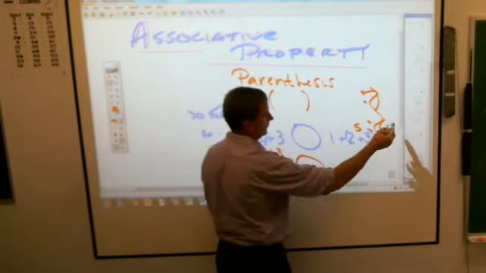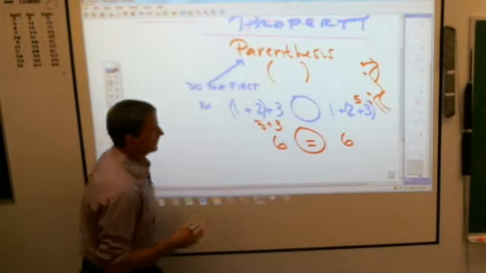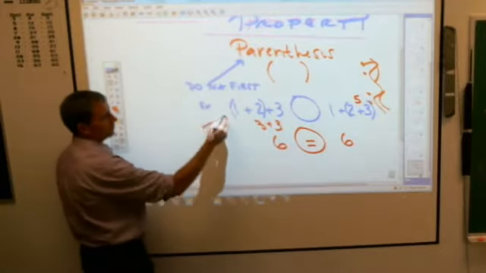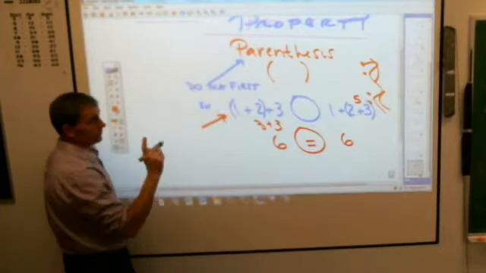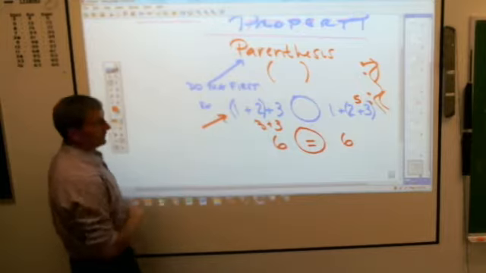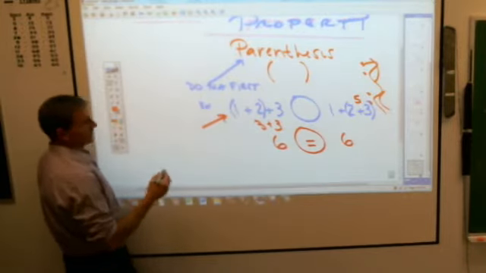And that, ladies and gentlemen, what I just showed you is what we call the associative property. And write this down. It's not going to make as much sense to you now as it will later on in life. Okay?